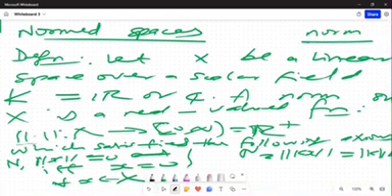This notation is referred to as norm: two vertical lines on the left, then your vector inside, then two vertical lines on the right. In your book, and if you are reading research articles, you would have seen symbols like it. It means norm, and it is a function with the domain as the vector space, and your range is a distance function, of course. You are measuring the distance of a vector from the origin.